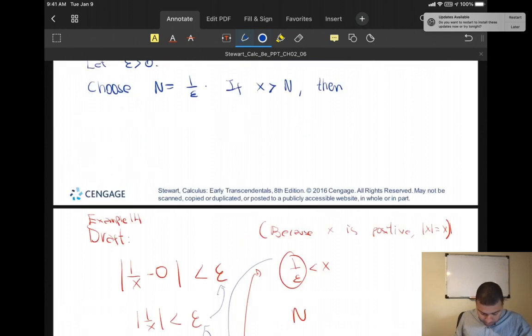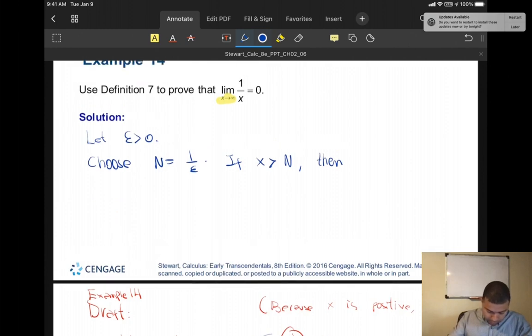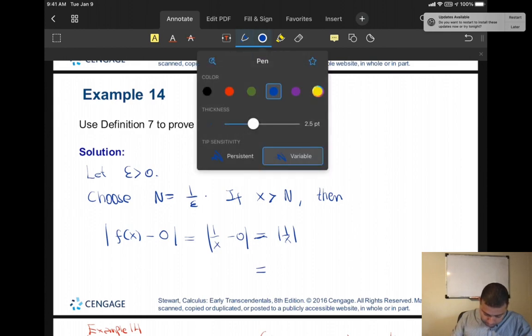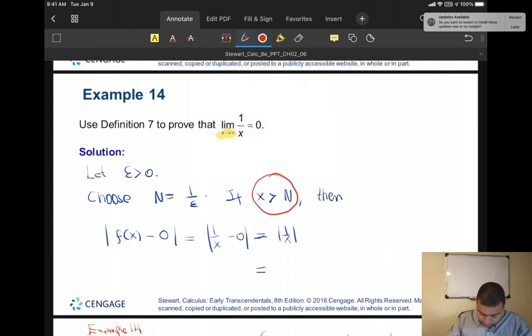I can say f of x minus 0, the absolute value, equals 1 over x minus 0, 1 over x. Because x is greater than n, 1 over x has to be less than 1 over n, because you're taking the opposite, right?